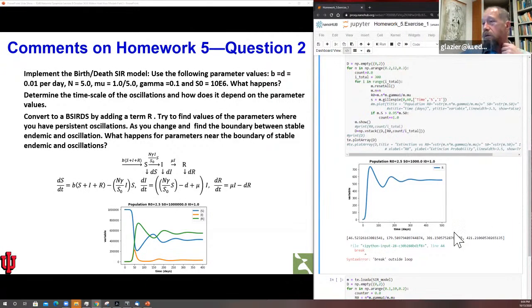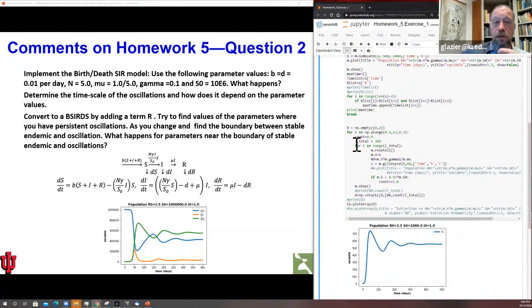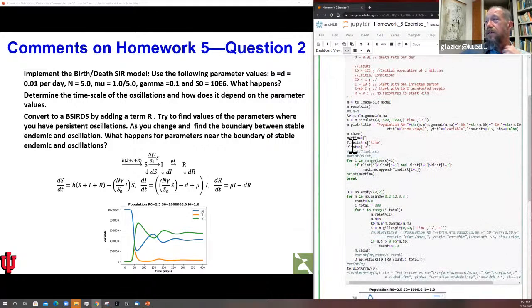So let's look at what we got. Everybody try this before you look at the results. So what we're doing is we plot our picture. We create an empty list to put our list of top peaks in. We create a place to put our time.